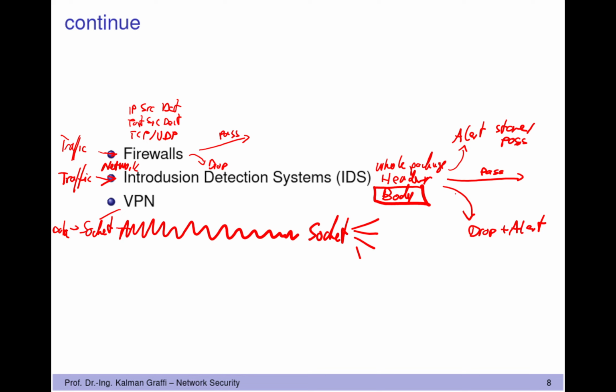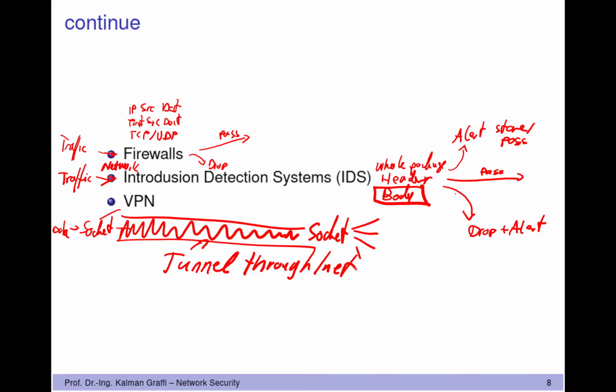So it's like a tunnel which goes through a malicious area, through the internet, and it is authenticated, so you know whom you are communicating with, namely the VPN server.